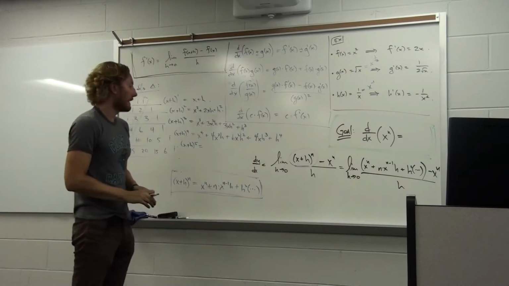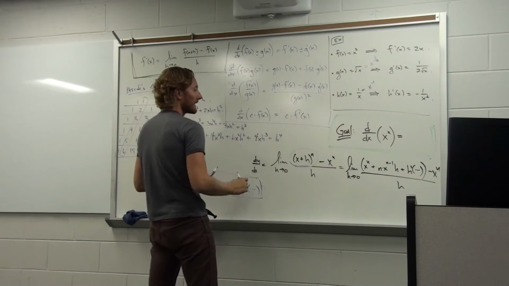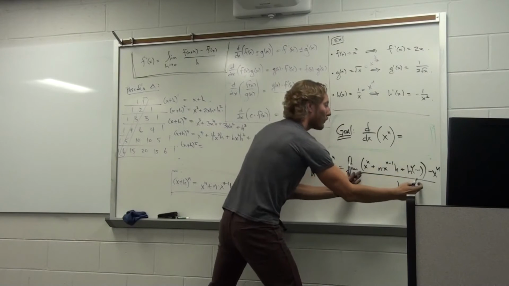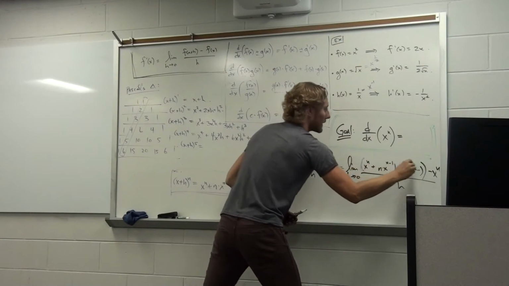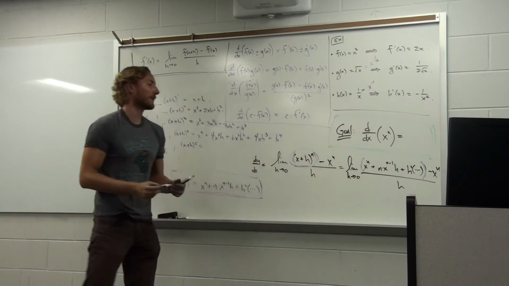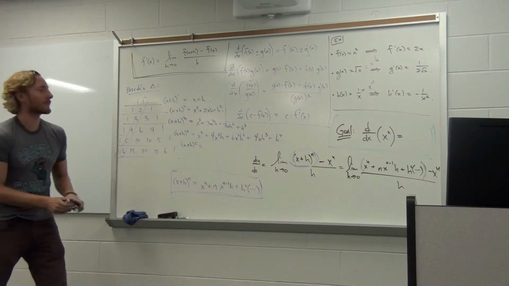So all we've done is taken our x plus h to the nth power and rewritten it in our parentheses here. This parenthesis corresponds to that multiplication. It's precisely what we worked out from Pascal's triangle.